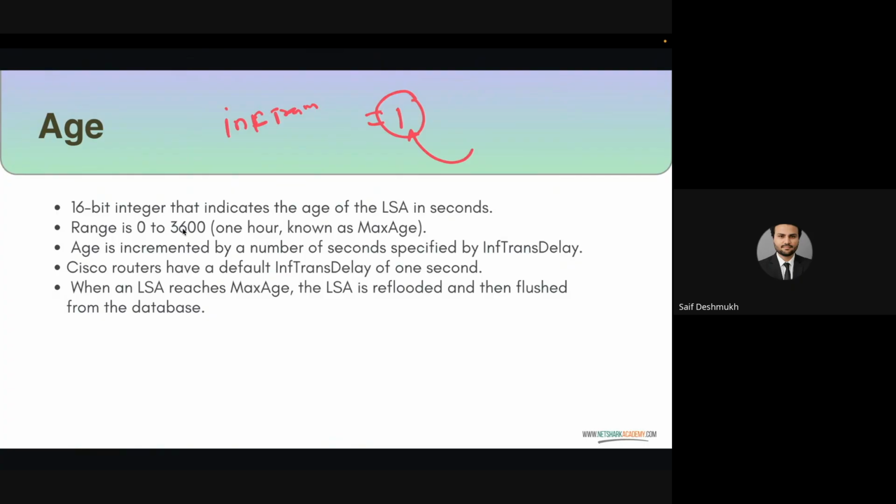After 1 hour, the whole LSA is going to be dropped. This is the culprit which everyone was fearing. Because of the infrastructure transmit delay, every 1 second the LSA's age is going to increase by 1. Because of that, after exactly 1 hour, it will reach the max age and the LSAs will be dropped. So the router is going to expect new LSAs flooded from the source.